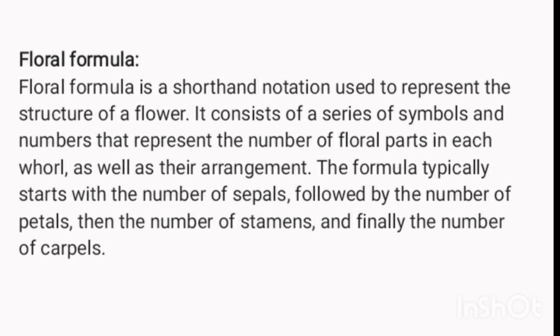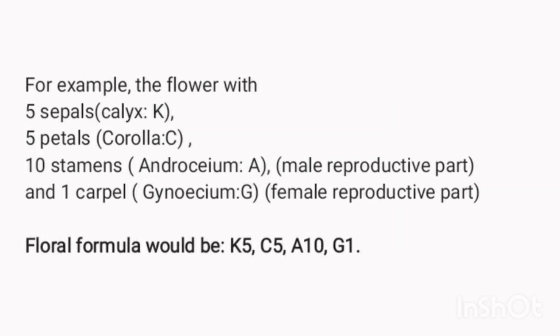Floral formula. Floral formula is a shorthand notation used to represent the structure of a flower. It consists of a series of symbols and numbers that represent the number of floral parts in each whorl, as well as their arrangement. The formula typically starts with the number of sepals, followed by the number of petals, then the number of stamens, and finally the number of carpels.